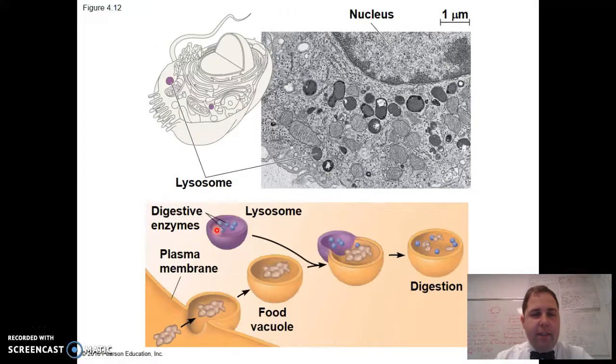So to look at the lysosome, it is basically just another membrane-bound sac. It is like a vesicle, but this vesicle contains digestive enzymes. And so when you have another vesicle that contains things that you want to digest, a lysosome will fuse directly with that vesicle.